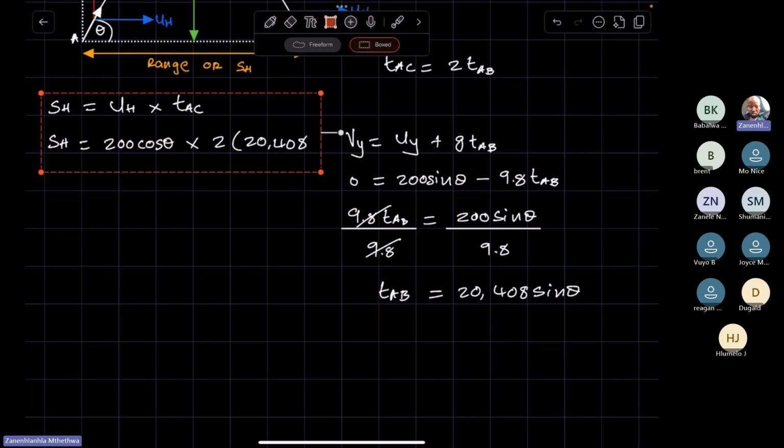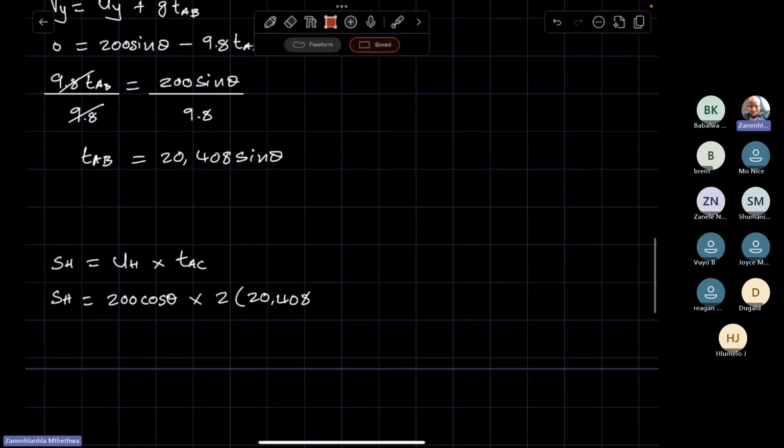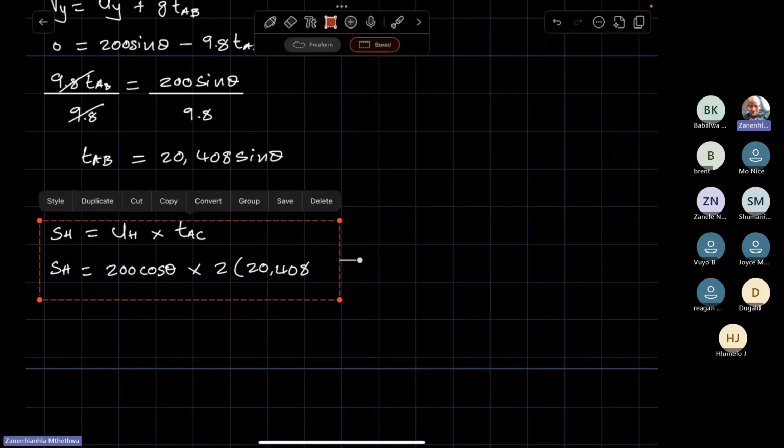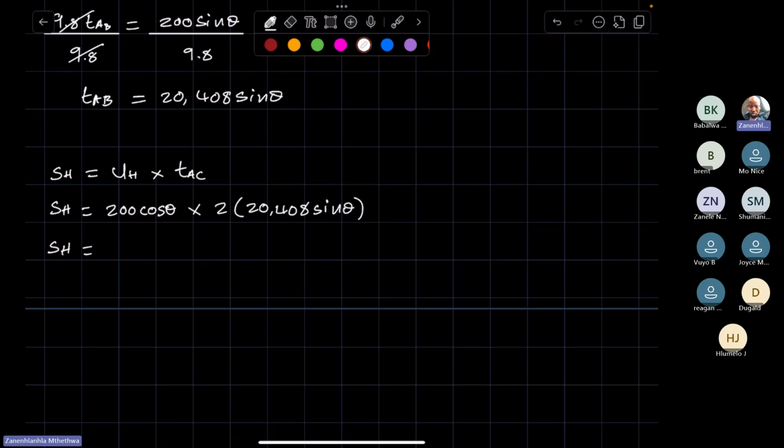Right, so this is 20.408 sine theta. Therefore, SH will be equal to, because we're multiplying everything, 200 times 2 times 20.408, and that gives us 8163.2 times cos theta times sine theta.